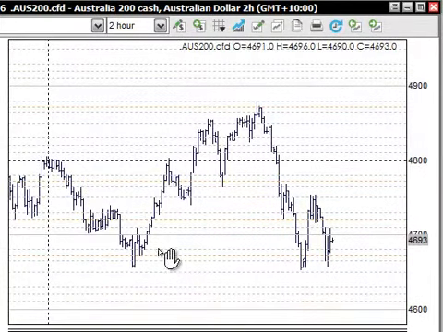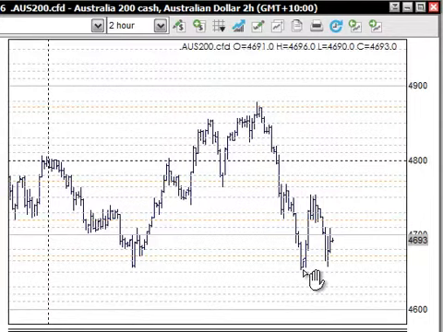One thing we can be looking at here is that we knew this move here was corrective, so we're expecting further downside. In expecting further downside, we'll be looking for 5 waves to the downside, and we have got 5 waves in here. So I was looking for some sort of movement back up through here.